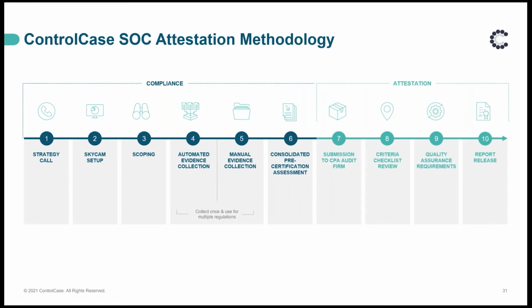So again, many steps here, but there is a compliance step, which includes automation, and then there's an attestation step, which is done by an independent CPA who makes sure that the reports are proper, the evidence is appropriate, and that the company is justified in getting the SOC 2 Type 1 or Type 2 attestation with the right results.